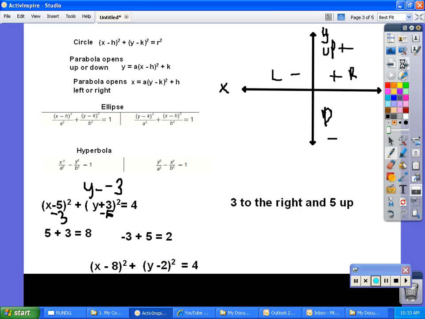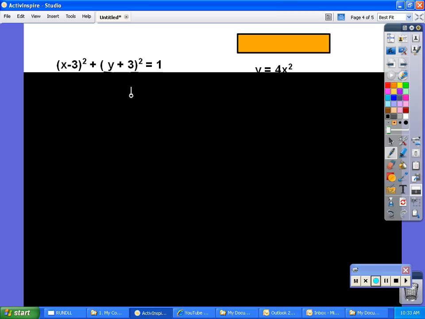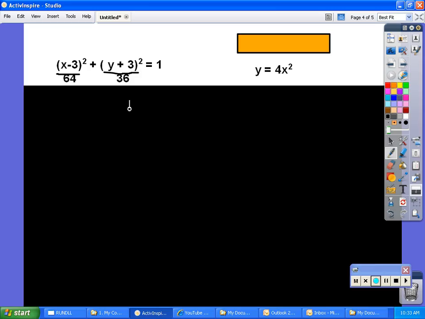Okay, let's look at another equation. It's addition, so this is an ellipse. I want to do the same thing: move it right 3 and up 5. To go right 3, remember, this is a positive 3, so I'm going to add 3, which makes this 6.